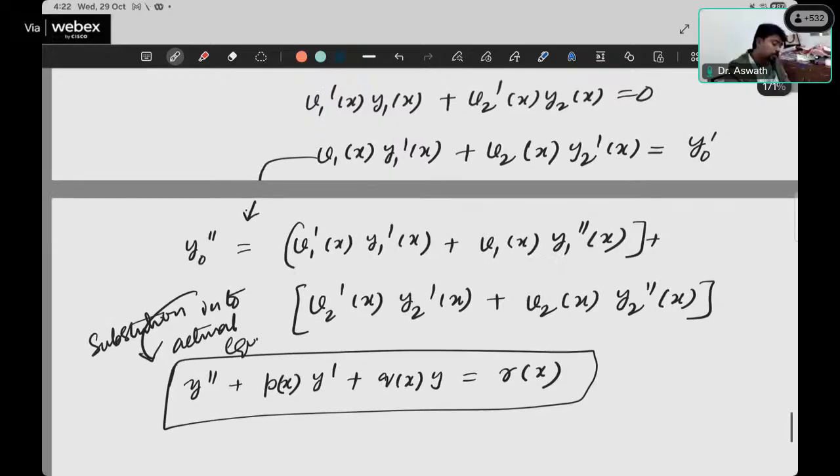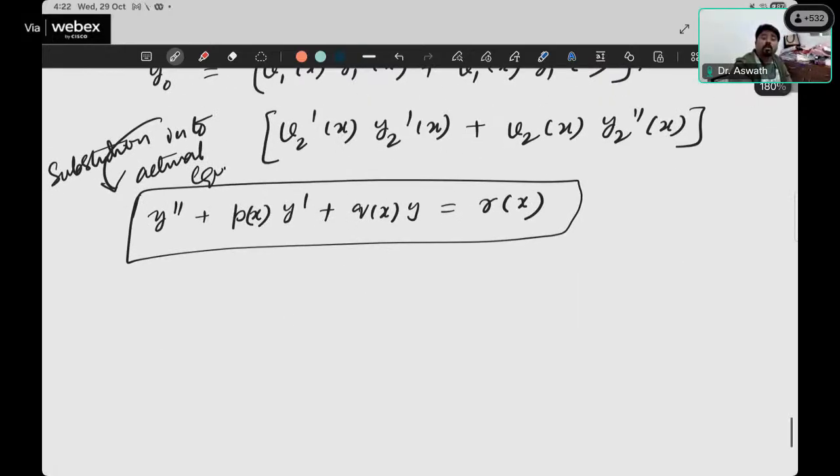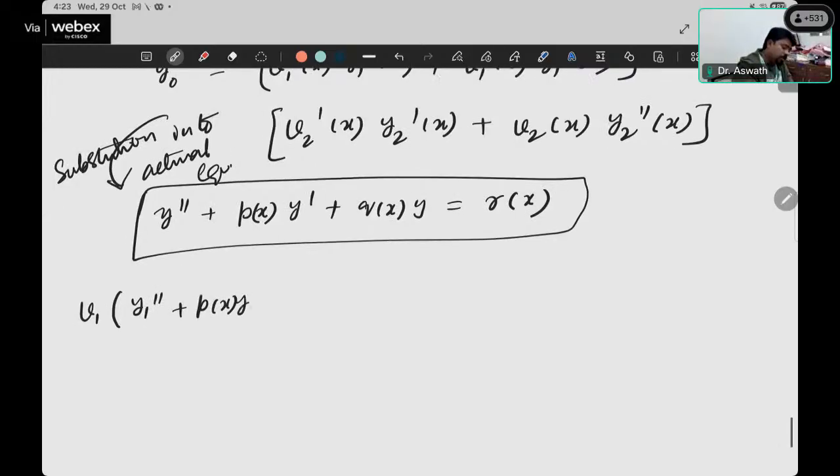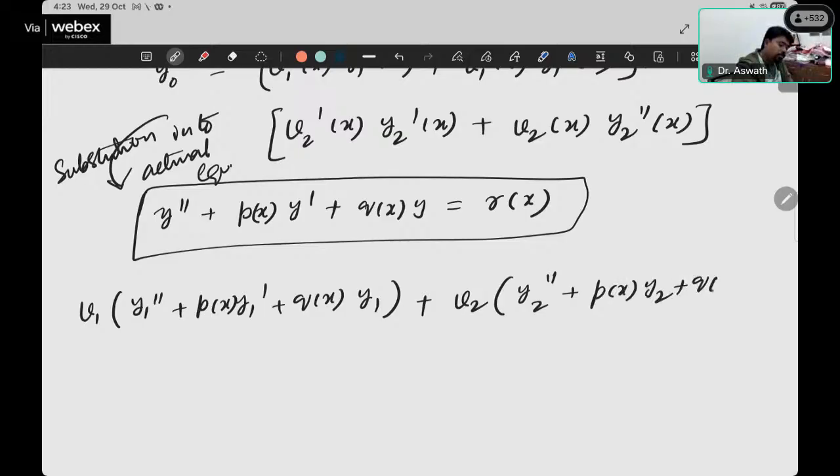I'll take it from my notes and write down what the expression would look like: v1 into y1 double dash plus p of x y1 dash plus q of x y1, plus v2 into, again, y2 double dash plus p of x y2 dash plus q of x y2, plus v1 dash y1 dash plus v2 dash y2 dash is equal to r of x. This is what I get.